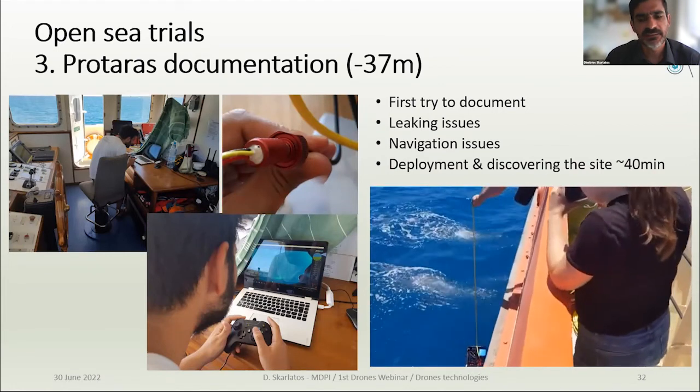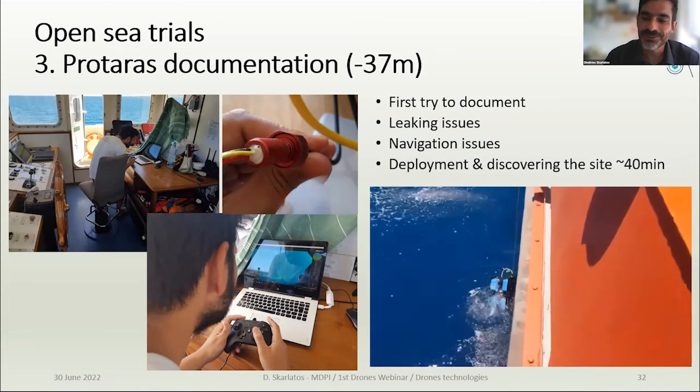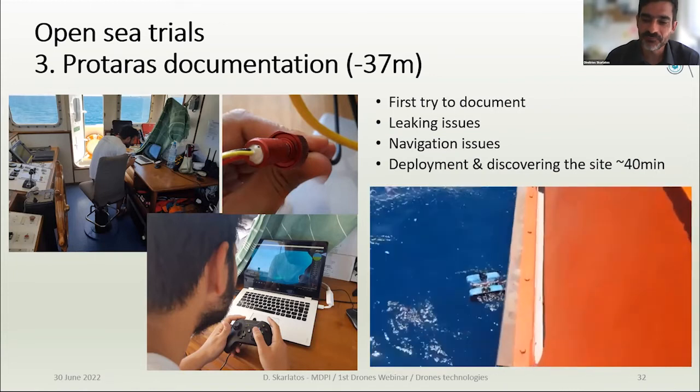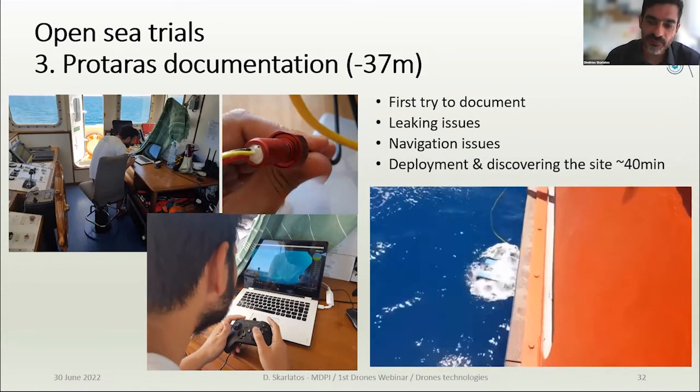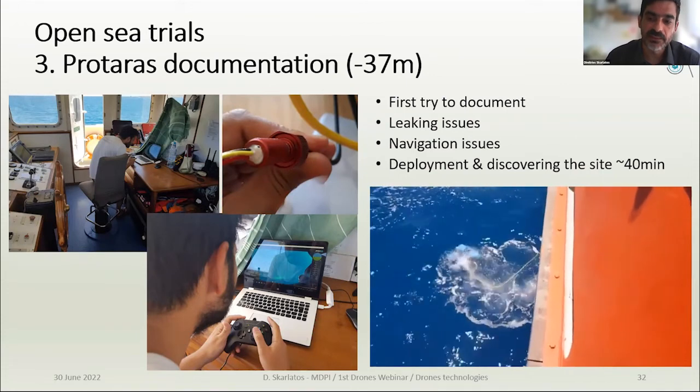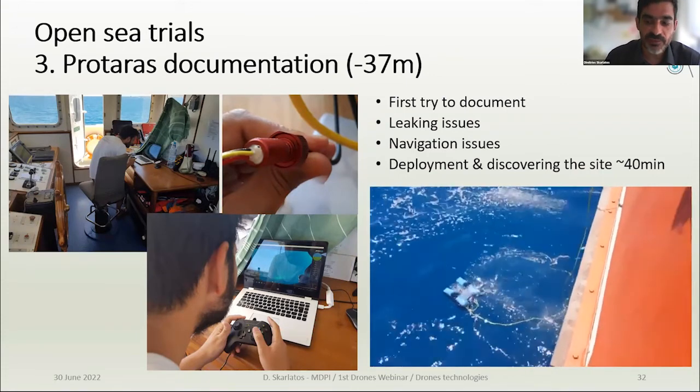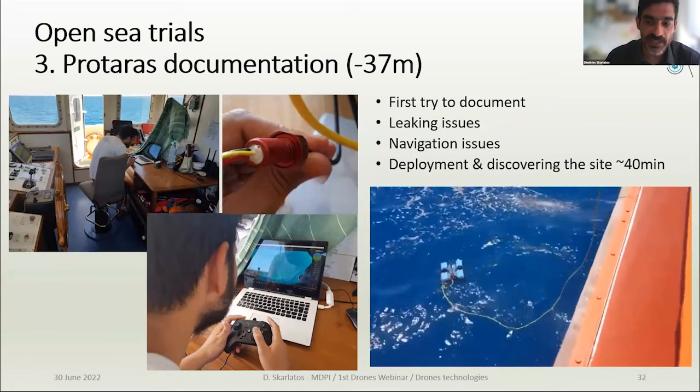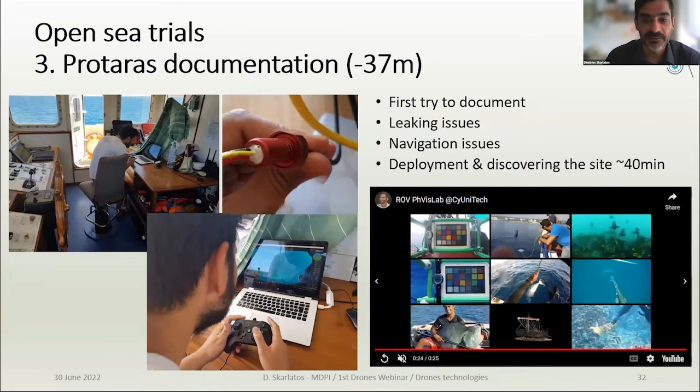We had some leaking issues with the ROV. Nevertheless, we were able to follow the downline, not get tangled with other downlines, and there are a lot of lines in the archaeological excavation site.